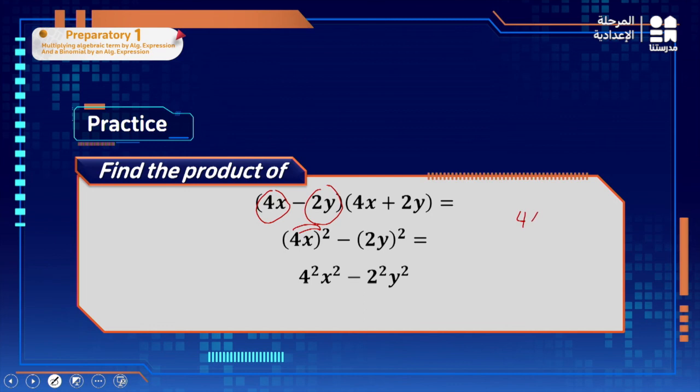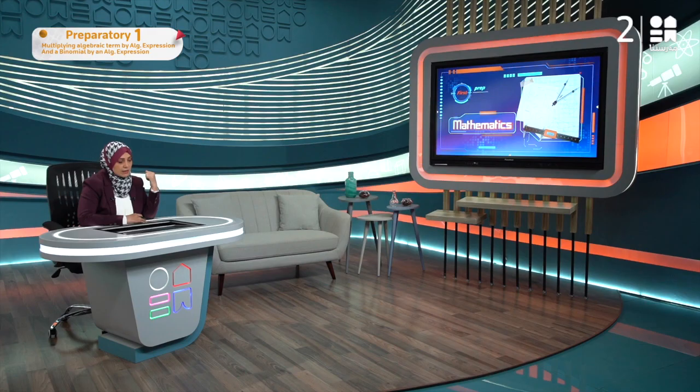So for example, 4x to the power of 2 means 4x times 4x. 4x times 4x is 16x to the power of 2. So the final answer is 16x squared minus 4y squared.